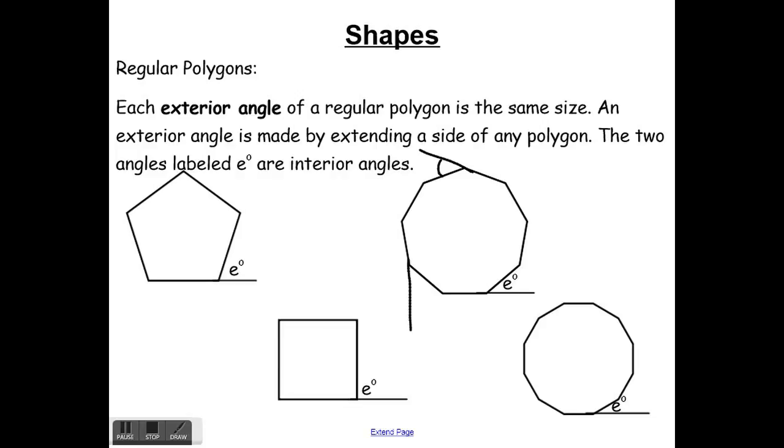I extend this side, that's an exterior angle. I extend that one, that's my exterior angle. Each exterior angle on your regular polygon is again the same size.